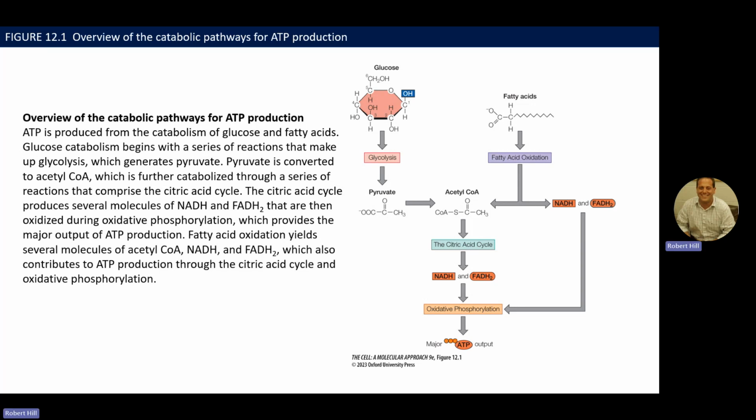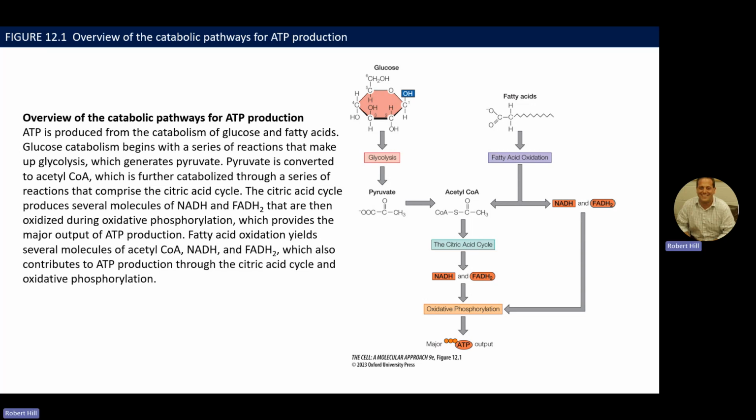The molecule that's getting reduced is the electron carrier NAD+. NAD+ gets reduced into NADH. So in order to do glycolysis, you have to use a little ATP and you have to reduce NAD+. This is the reduction. This is the oxidation.